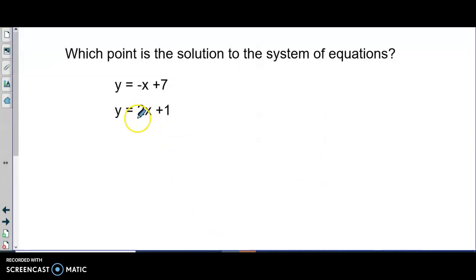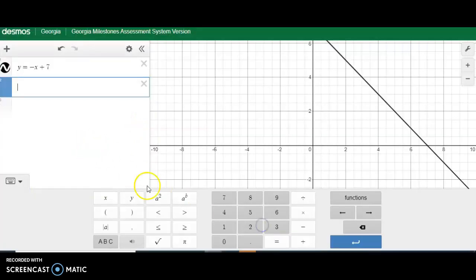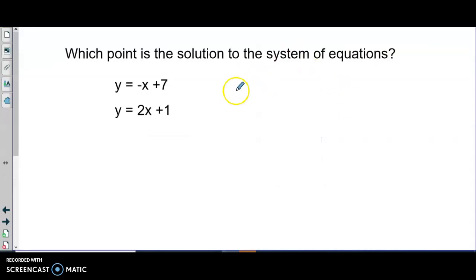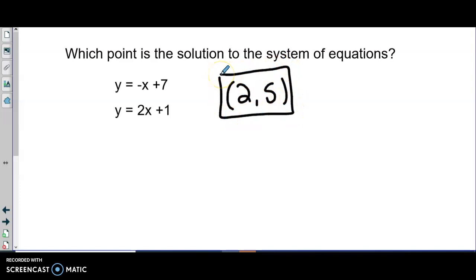And then I'm going to type in the next one. Y equals 2x plus 1. And wherever they cross is my solution. Since they cross right here, my solution would be 2, 5. So that would be my solution to that system.